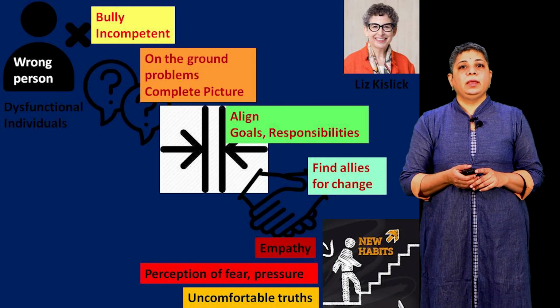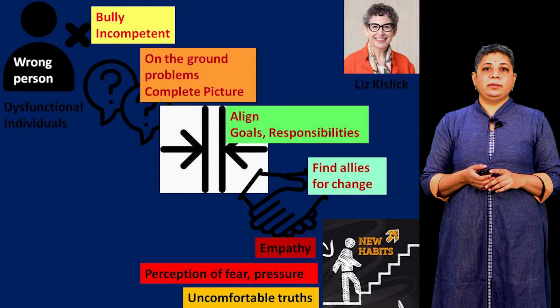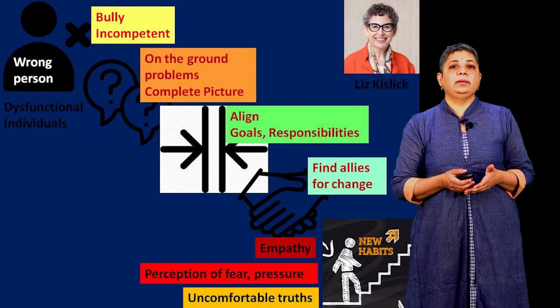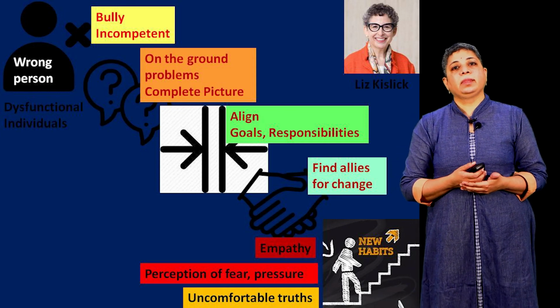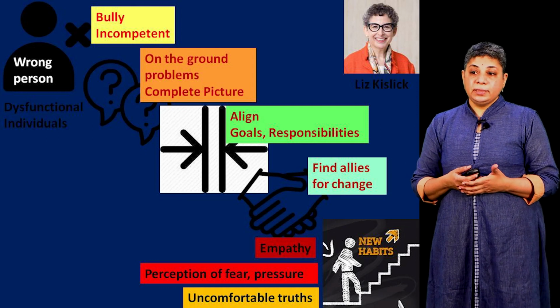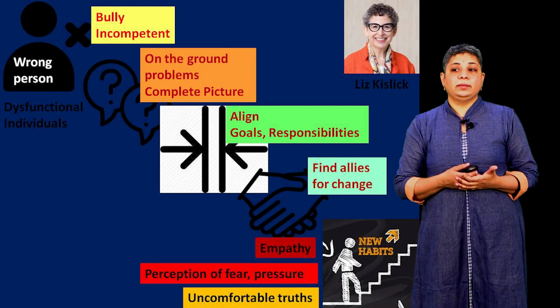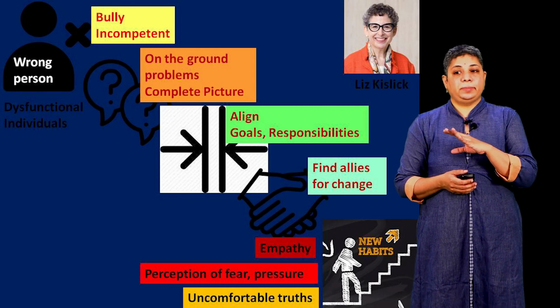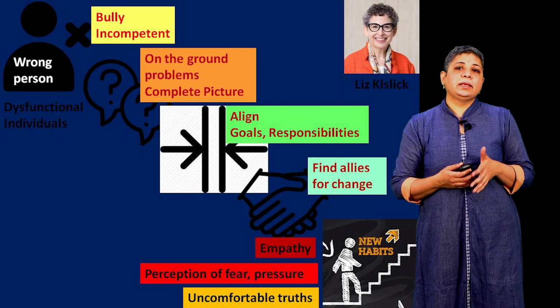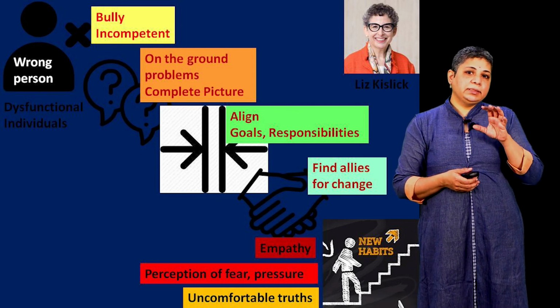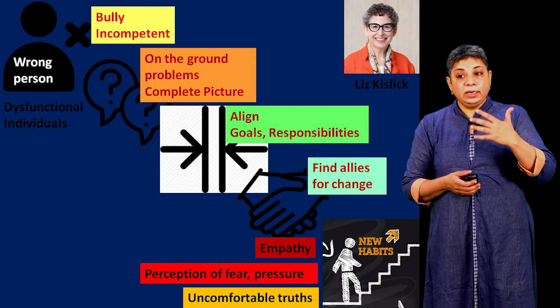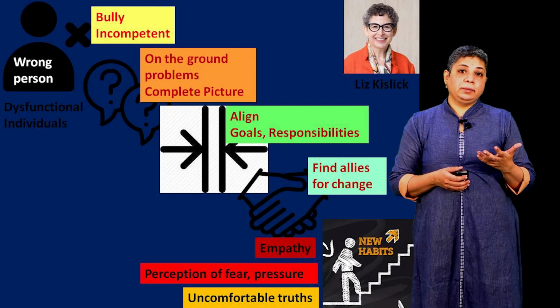Now this other tool that I found very interesting is by a consultant in conflict resolution, Liz Kislik. Basically she asks us to take 5 steps. The first is to find a dysfunctional person or individual who might be causing the problem.